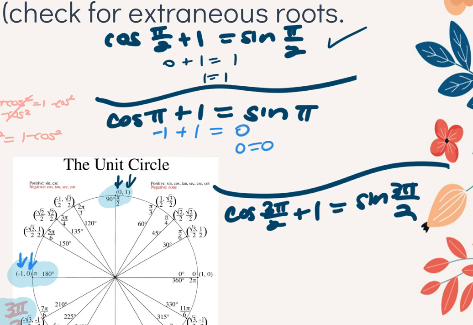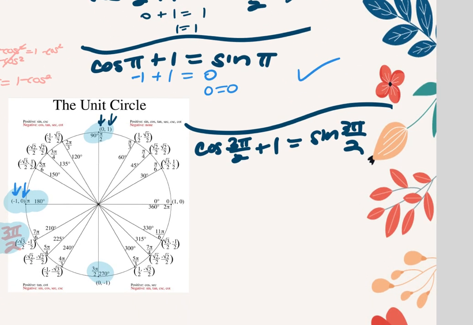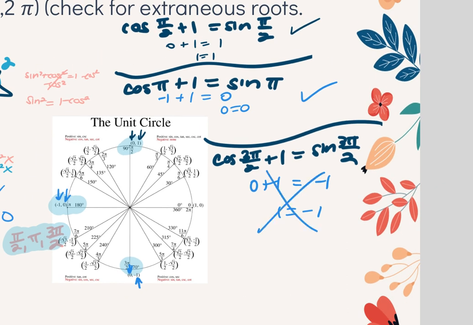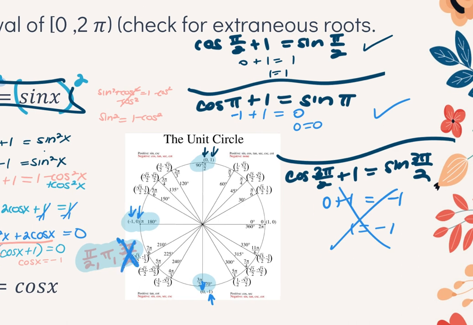I get 0 equals 0, so this one works. Cosine at 3 pi over 2 is the x there, which is 0. Sine at 3 pi over 2 is the y there, which is negative 1. Does 1 equal negative 1? No. So this one does not work, and my extraneous root, which is 3 pi over 2, gets ruled out.